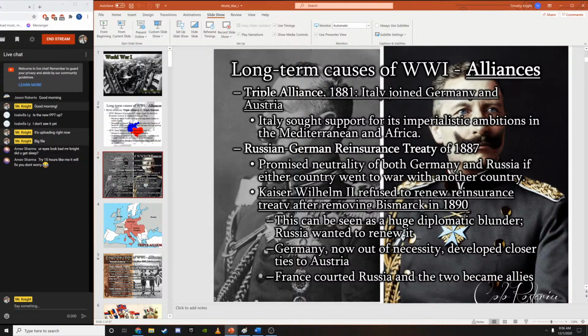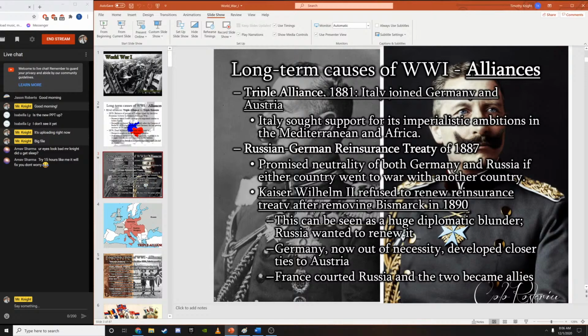So when Bismarck signs this treaty, he's making a deal with Russia that both nations will remain neutral and not go to war against the other if either of them gets into a conflict. But Kaiser Wilhelm II has no concerns about that from Russia.